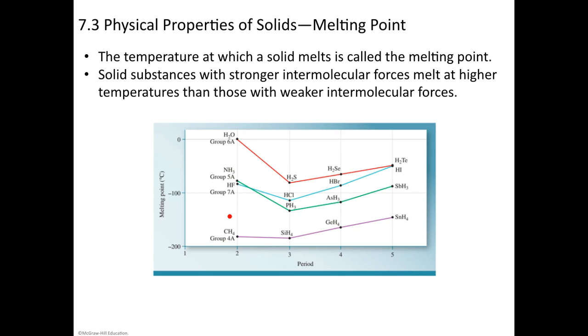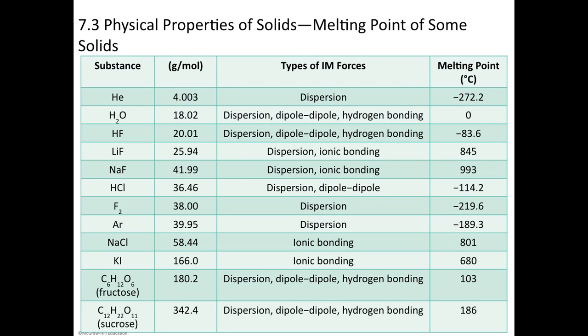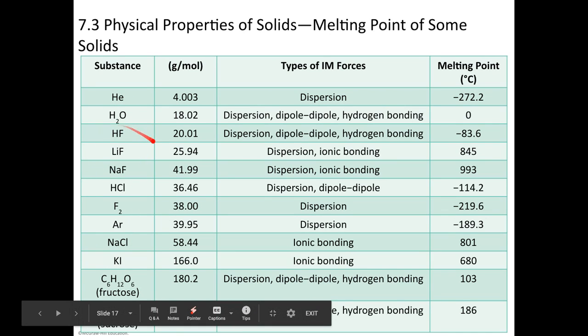And again, the stronger the intermolecular forces a substance has, the higher its melting point is going to be. This is just a table showing this, where you can look at a variety of different substances. You can see the molar mass, and you can also see the melting points.